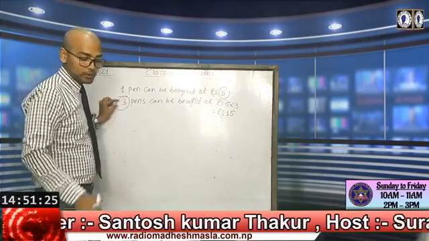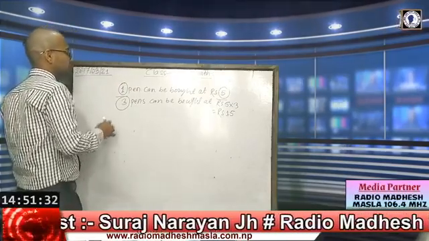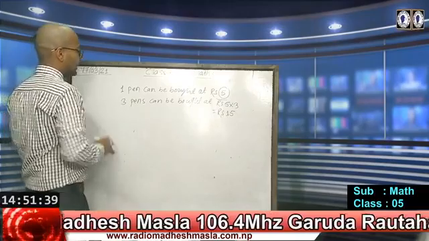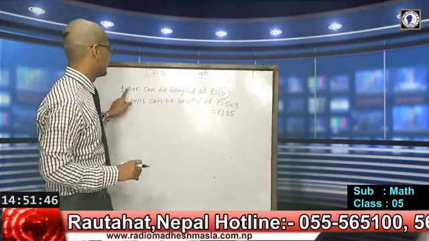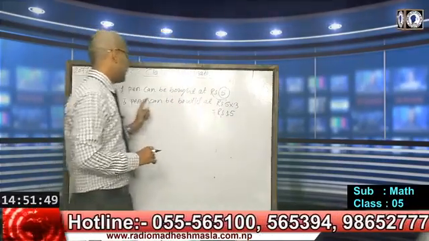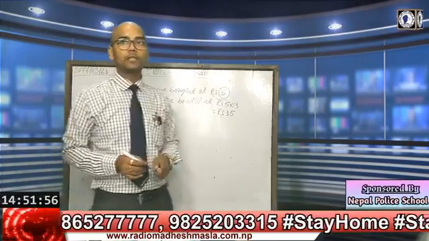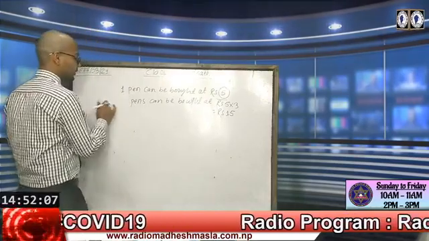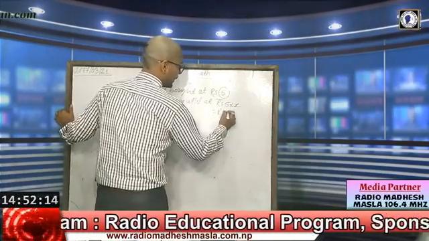In the same way, at the place of 3, if we replace it, suppose the question is: one pen can be bought at Rs 5, so X pens can be bought at how many rupees? Suppose the total number of pens is X. Then we follow the same process, 5 into X, and we get 5X.